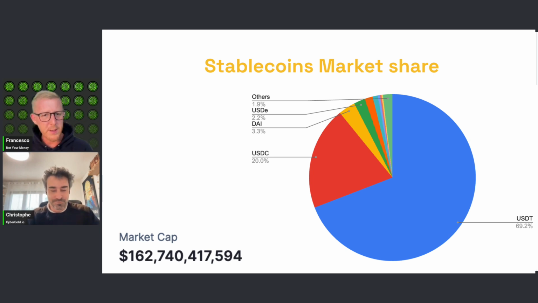Actually, USDT was the first one, even though the concept of a stablecoin was already being thought about in the crypto community because of the volatility of cryptocurrencies. This was already seen as a problem before that.